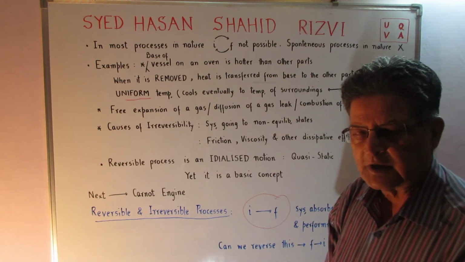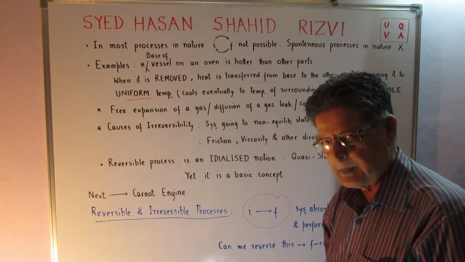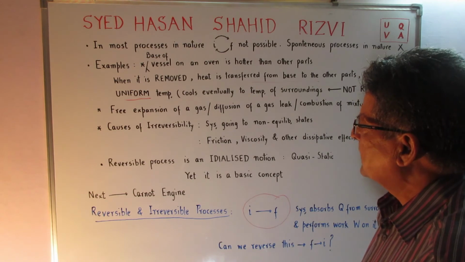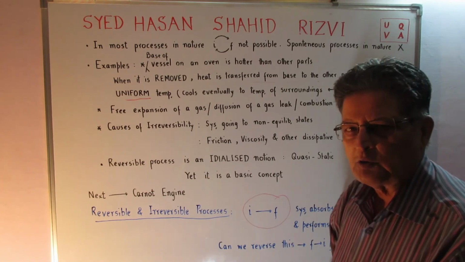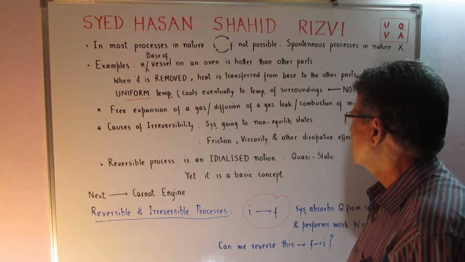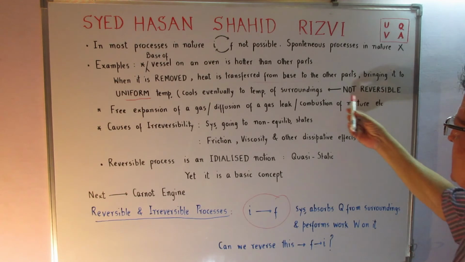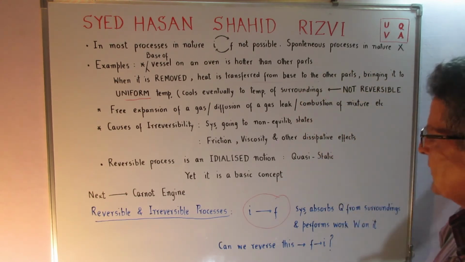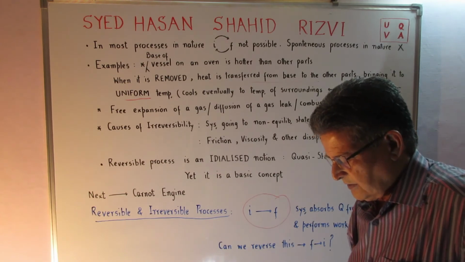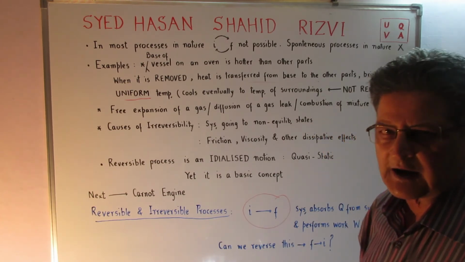For example, if the gas in your kitchen leaks and diffuses, you cannot bring all those molecules back to obtain the gas that was. Similarly, in the combustion of mixtures, for example gasoline plus air, you cannot bring back this reaction.